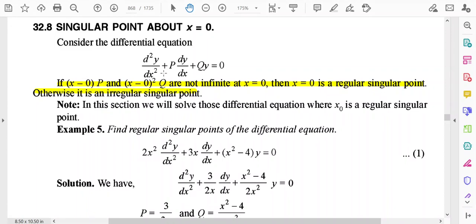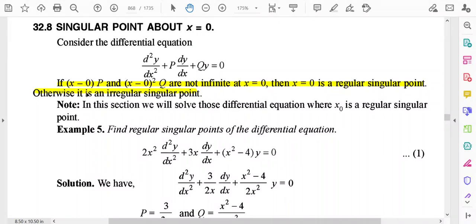So this is the standard format of the differential equation, and we are going to solve this differential equation in series solution method or power series method when x is equal to 0 is a singular point.